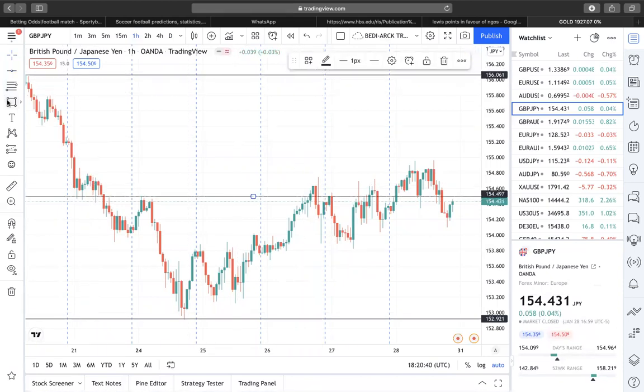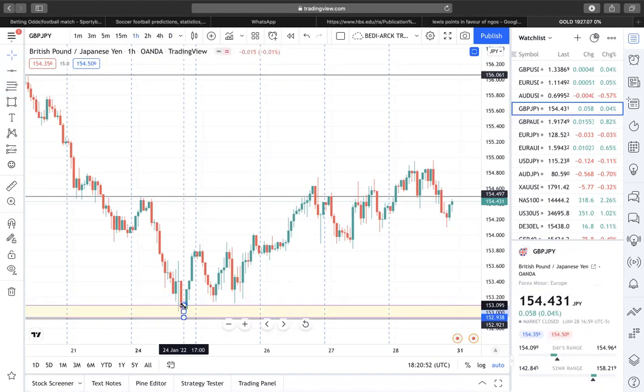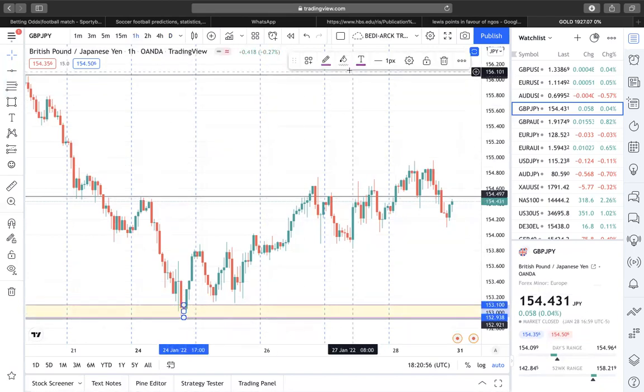Now, ask yourself, last red candle before buyers took over. This is the last red candle. So, draw a rectangle. Is that okay? And then you make the color green because you look at buying here.